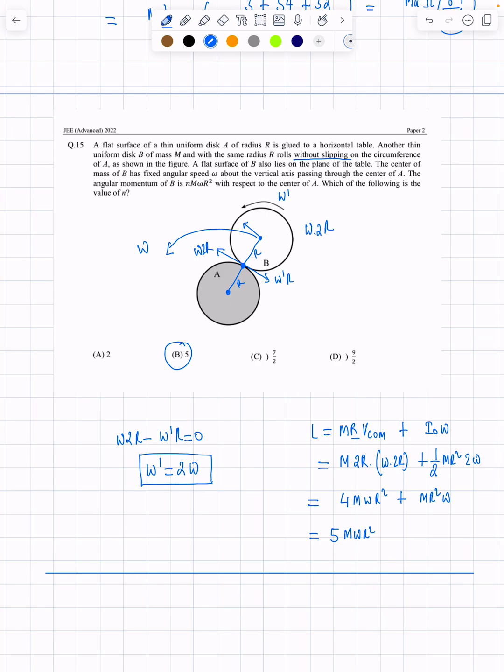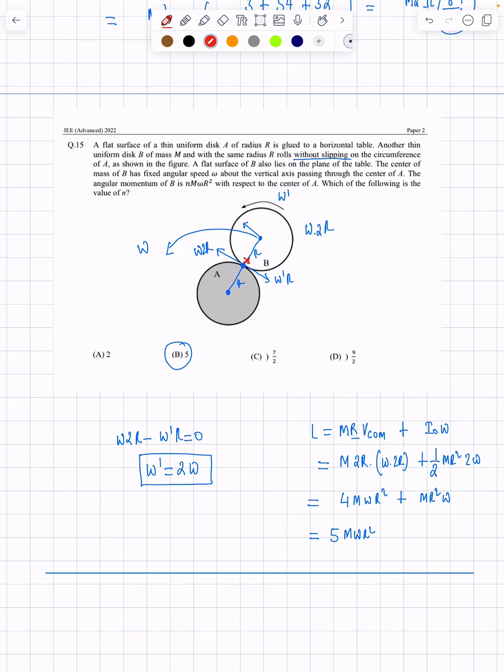Let me mark a point with the ink on this disk B, and let's assume that the disk B rotates in such a way that this point is always in the same position with respect to disk A throughout the motion.